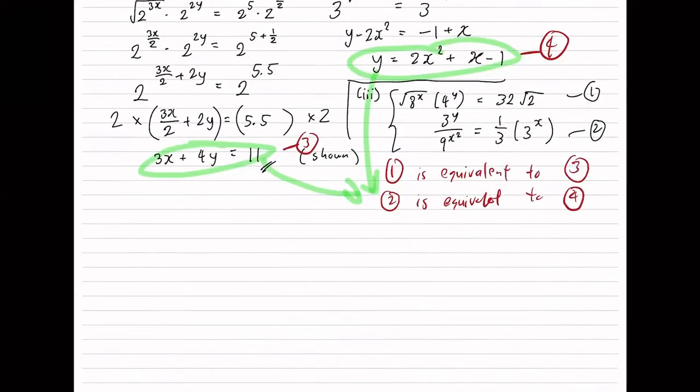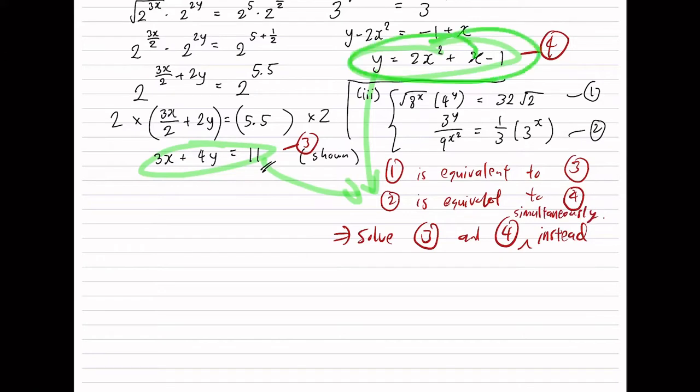So that means we solve 3 and 4 instead, simultaneously. Okay, simultaneously. So let's take a look. What we have, y equals 2x squared plus x minus 1, 3x plus 4y equals 11. What can we do? Substitute, right? Maybe I can say sub 4 into 3.